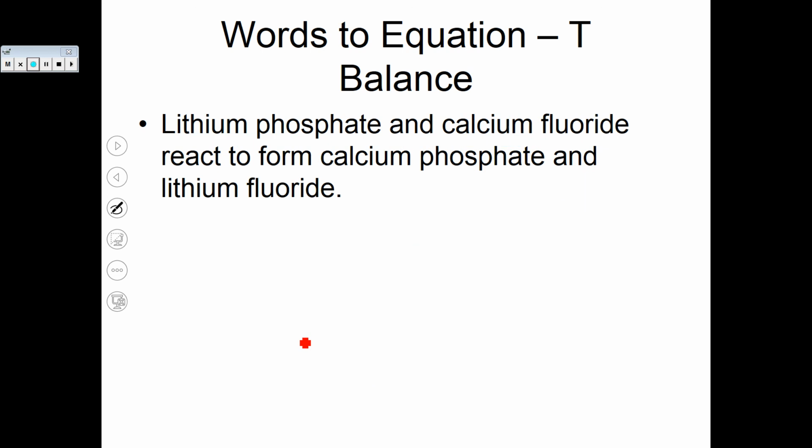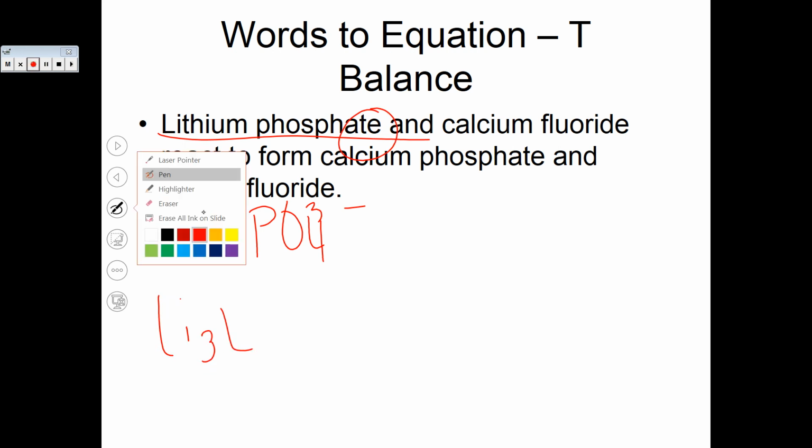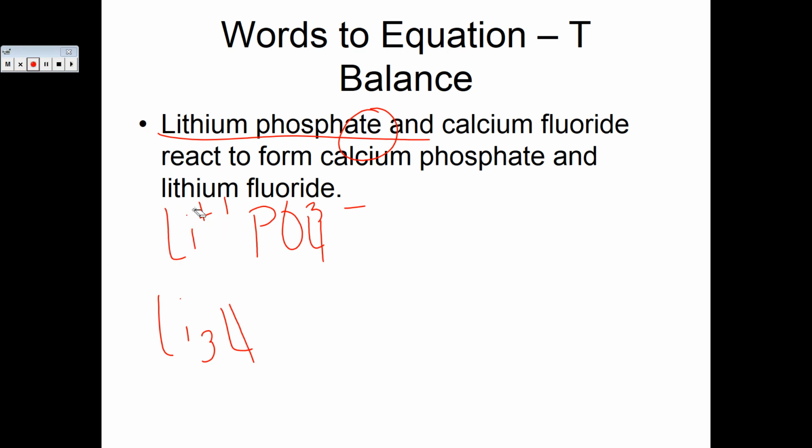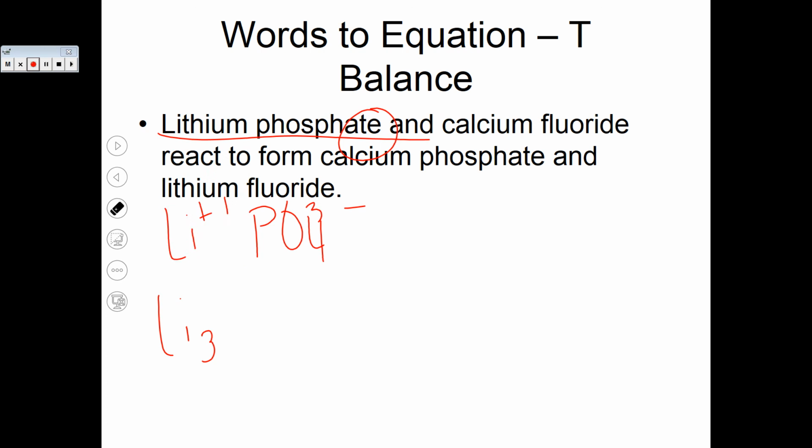All right, let's take a look at this one. Lithium phosphate. I have Li plus 1. Phosphate is a polyatomic. I know it's polyatomic because the suffix is not -ide. So lithium phosphate is Li3PO4, plus calcium fluoride.